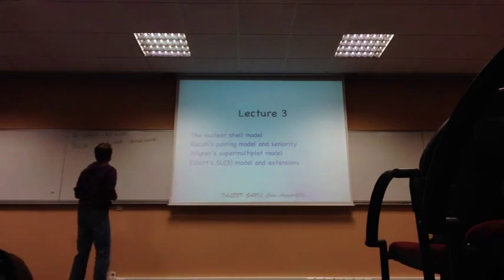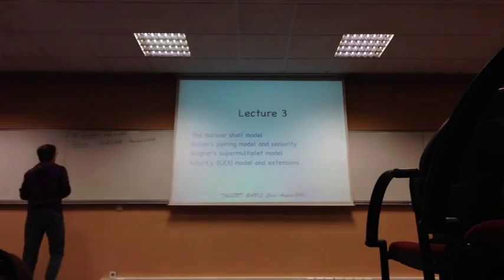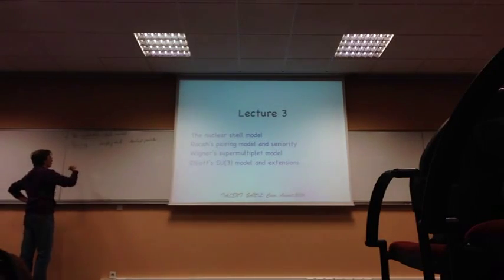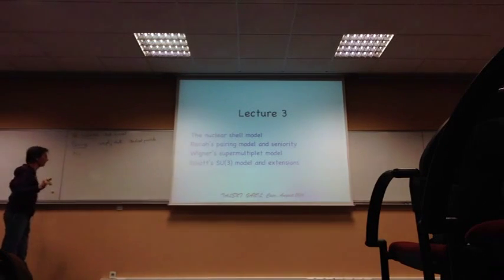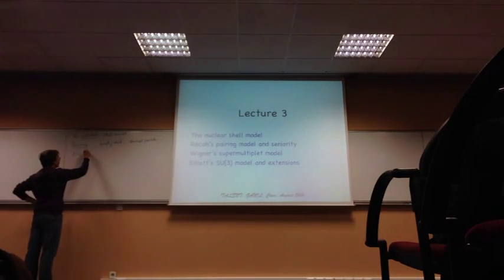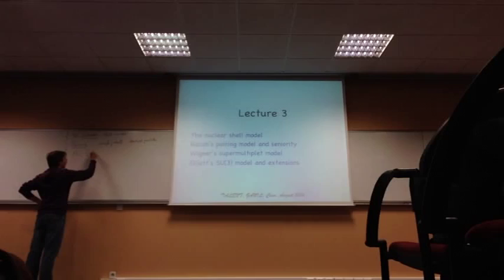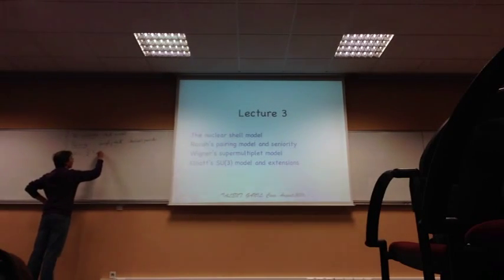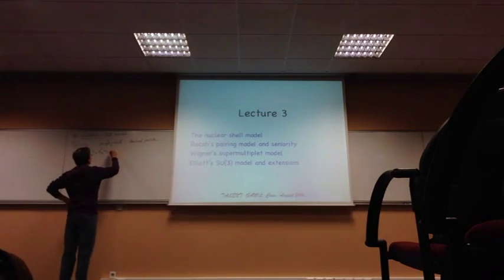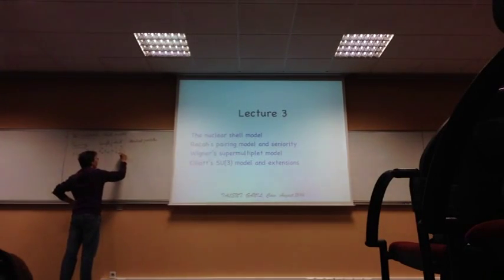Now, just to remind you, we had a Hamiltonian. I will do the derivation in second quantization. So we had a Hamiltonian, which looks like the single-particle energies with creation and annihilation operators, and then there is a two-body interaction.